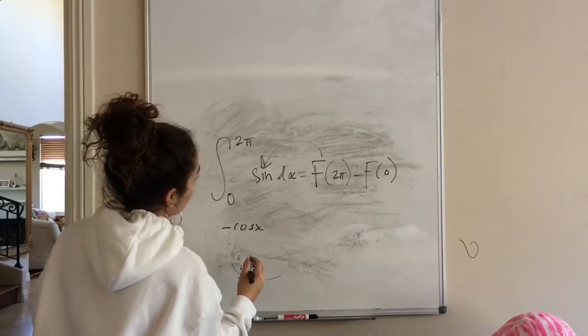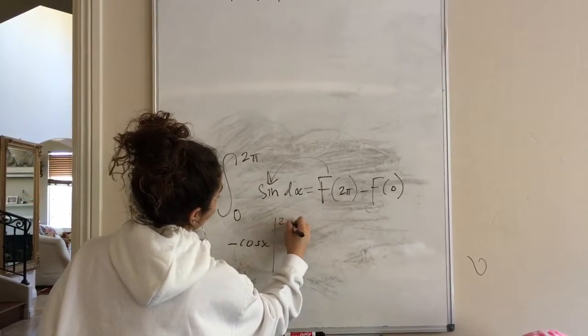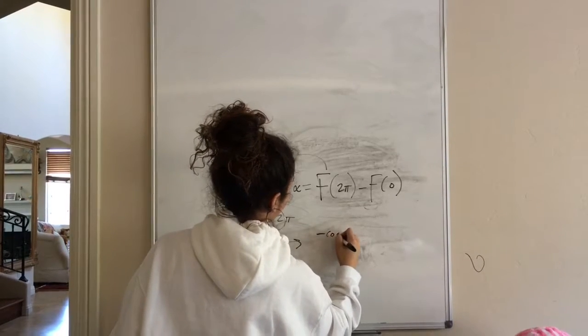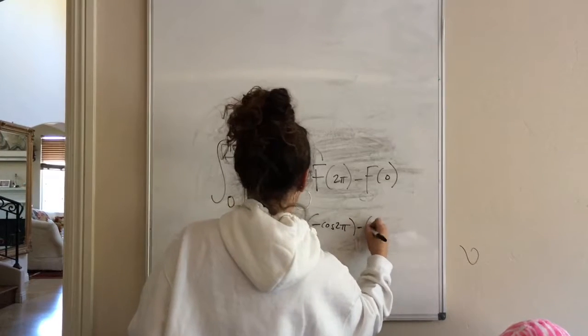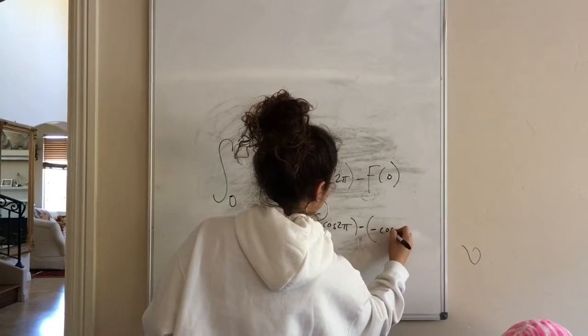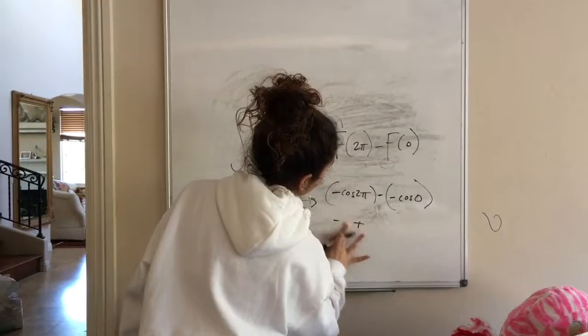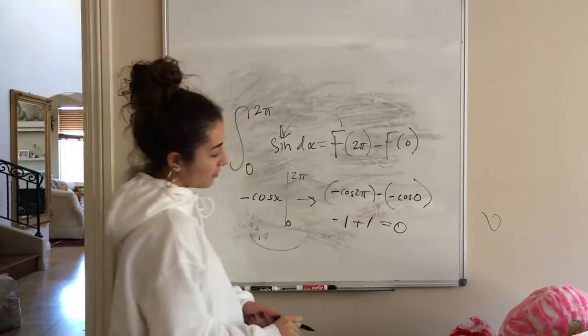And so basically, negative cosine x, and the bounds are 0 to 2 pi. And we just plug these in. So negative cosine 2 pi minus negative cosine of 0. And then just negative 1 plus 1, which is 0.